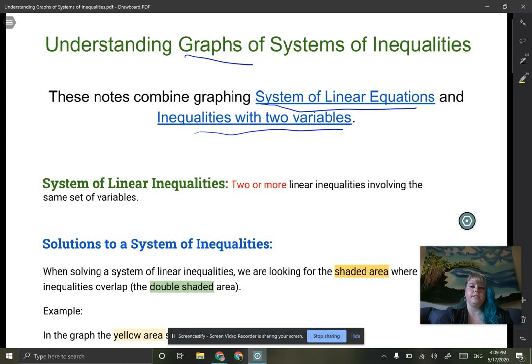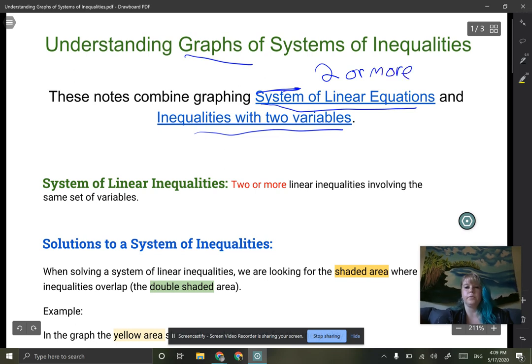So remember, a system of linear equations means we have two or more equations. Okay, inequalities with two variables, if you remember, we learned how to graph. And since it's inequalities, it's not just the line.